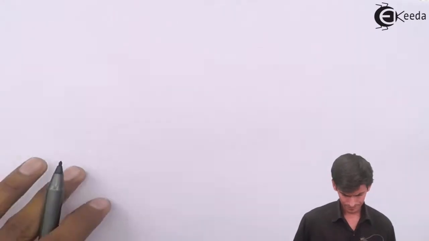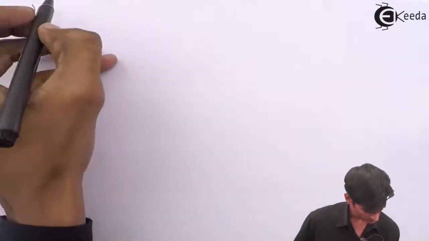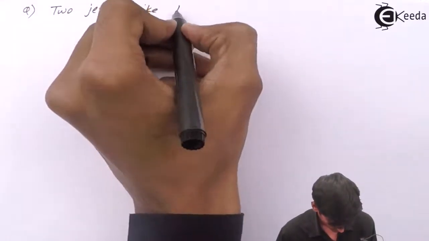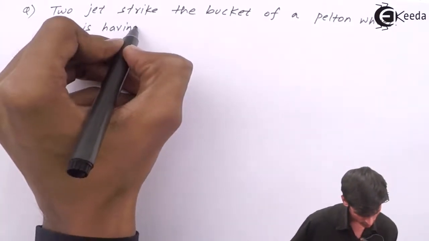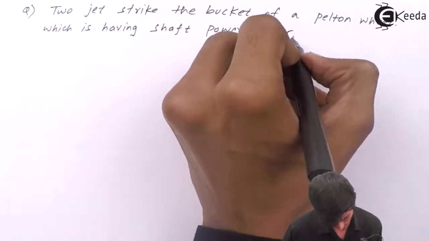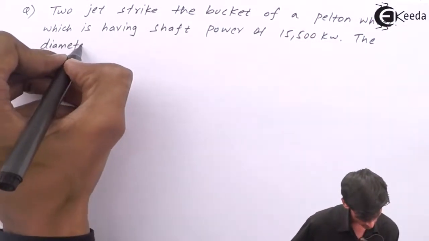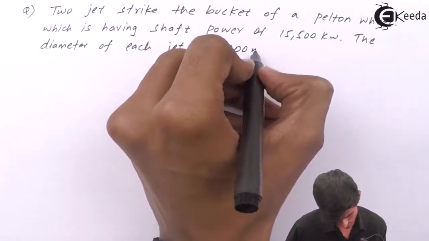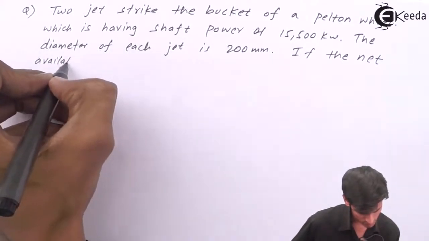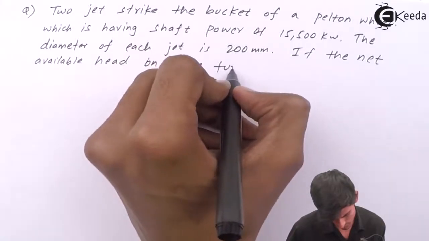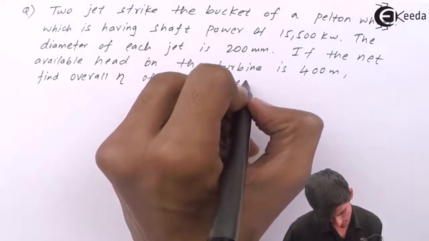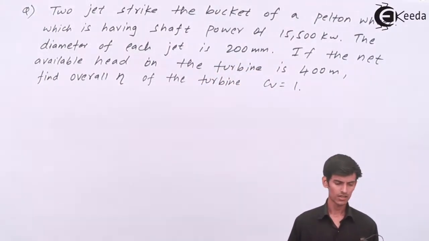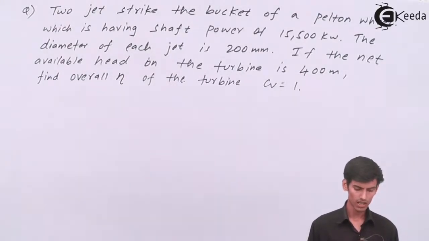Let's see the next question on the same concept of Pelton wheel. The question is, two jets strike the bucket of a Pelton wheel which is having a shaft power of 15,500 kilowatt.